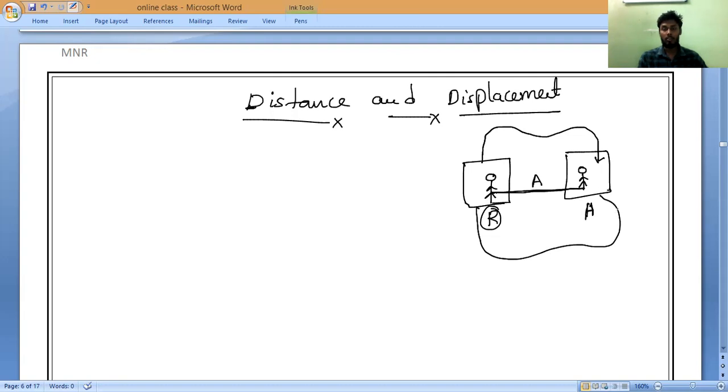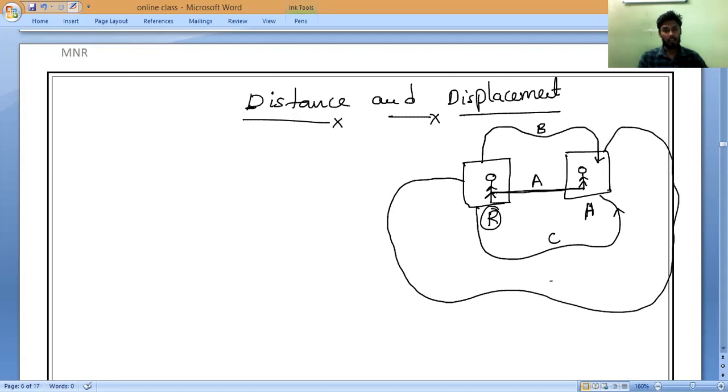Let me take this as path B and this as path C. Next, because roads were not available properly, he went and finally reached there. Let me consider this as path D. Now you tell me, by all the roads, finally he reached Hari's home. Is it yes or no? Clear, everybody? Yes, sir.